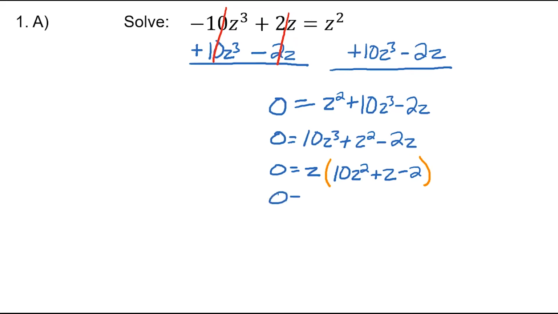So next line, bring down my z. At this point you should have an understanding of how to factor trinomials; you can use the trial and error method or the AC method, but in the interest of time, the result of factoring 10z squared plus z minus 2 would be 5z minus 2, multiplied by 2z plus 1.